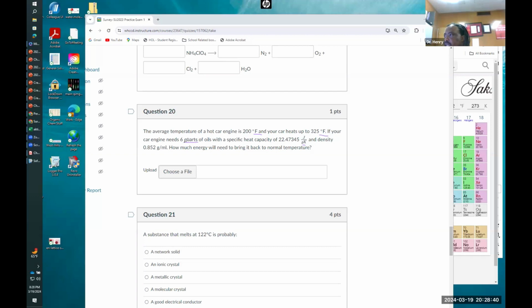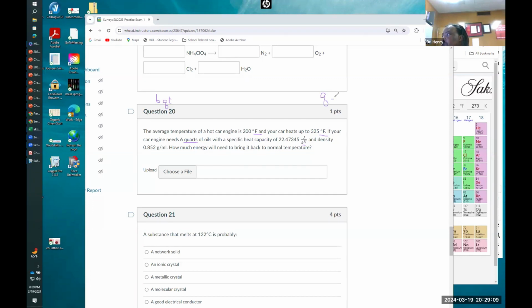Okay, what type of unit is quarts? Is it volume? Volume. Okay, so we have 6 quarts of oil, and they want us to calculate how much energy would bring it back to normal volume. So in other words, we want to calculate our Q value.